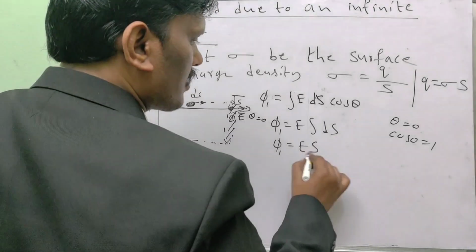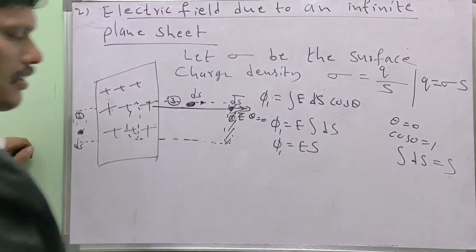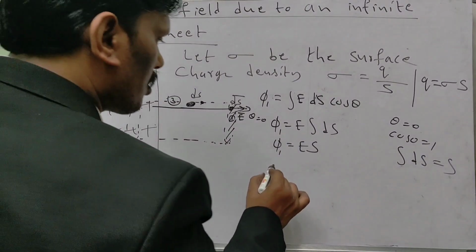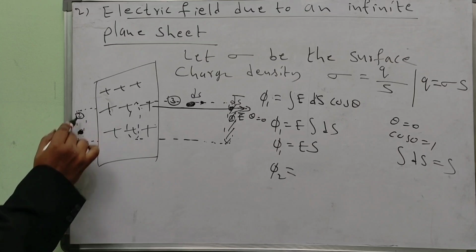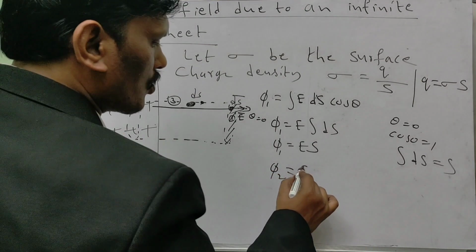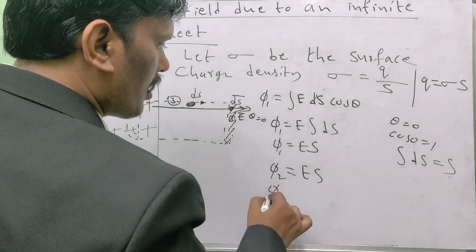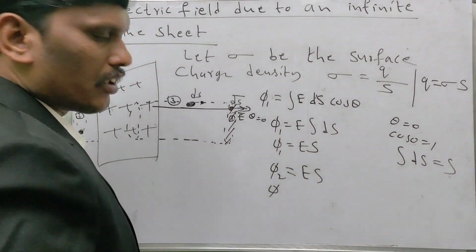That is phi 1. What about phi 2? Phi 2 is also a flat surface with the same explanation, we are going to get ES only. So phi 1 and phi 2, both flat surfaces, give the same flux.